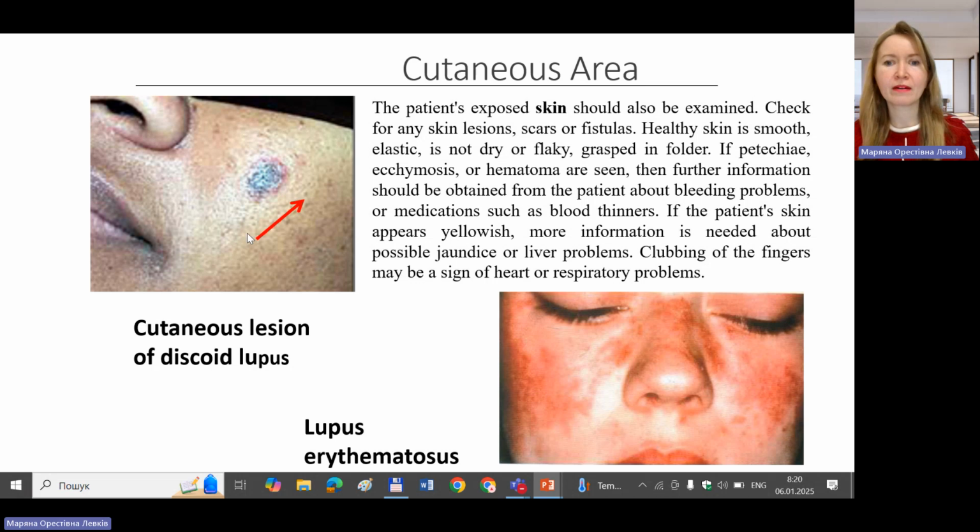If petechia, ecchymosis, or hematoma are seen, then further information should be obtained from the patient about bleeding problems or medications such as blood thinners taken. If the patient's skin appears yellowish, more information is needed about possible jaundice or liver problems.